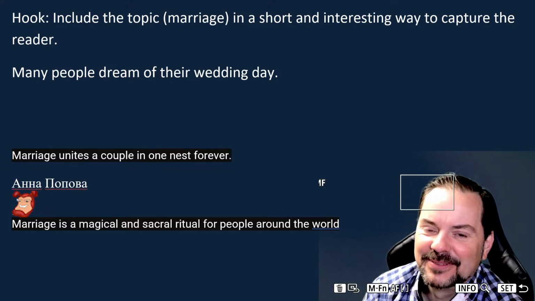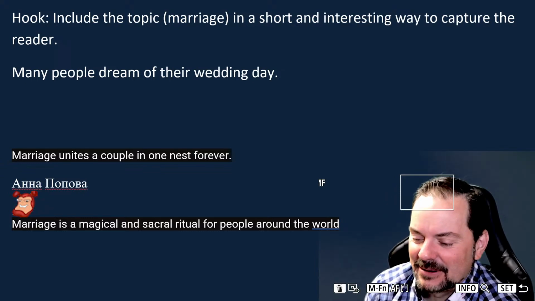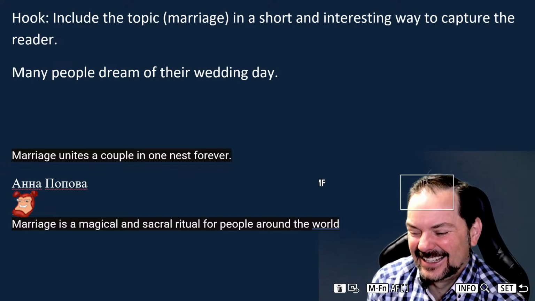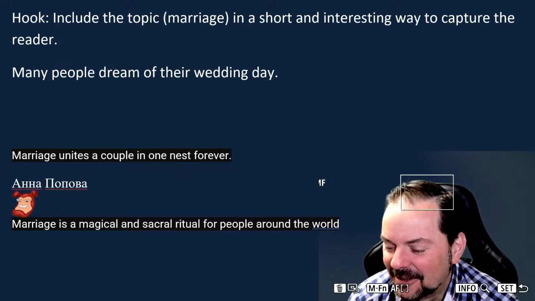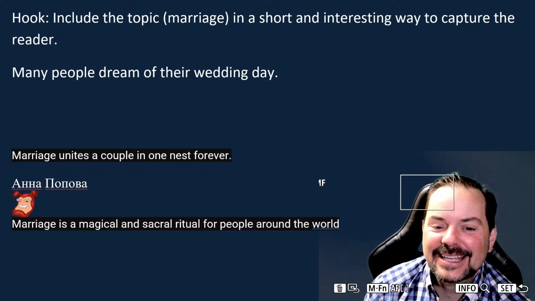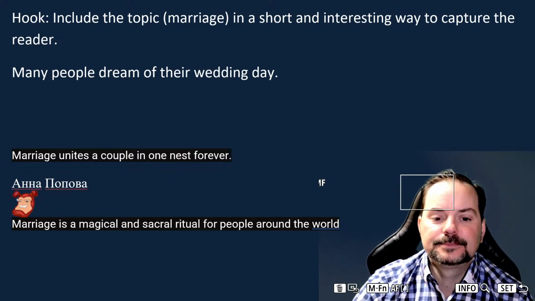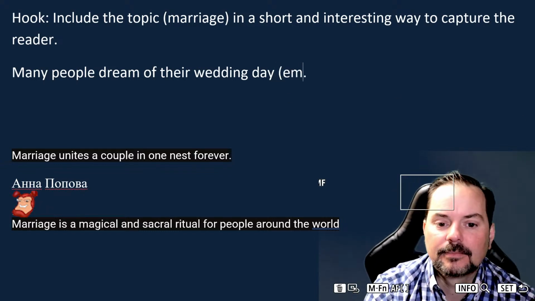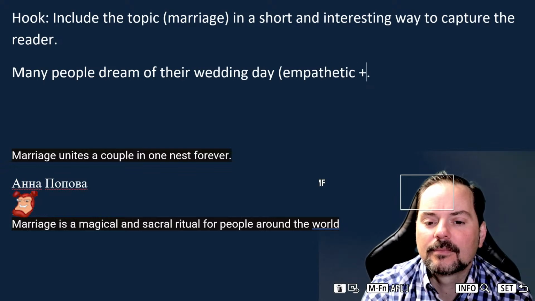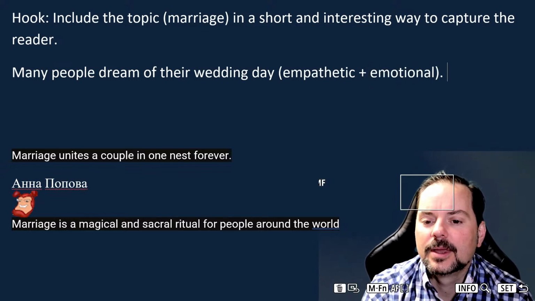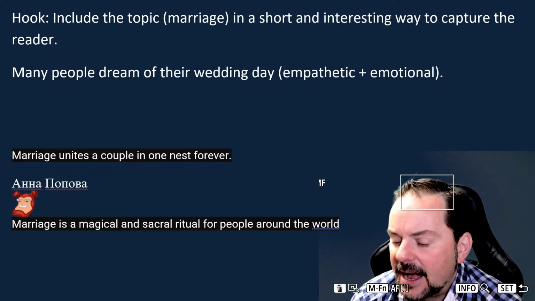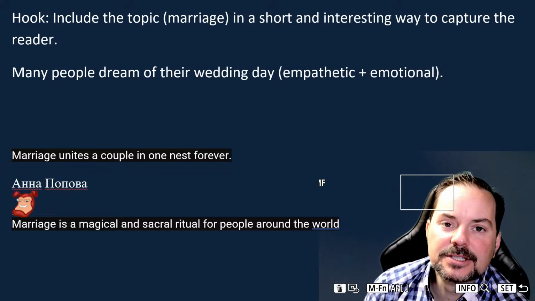Elizabeth says it's because it's a big party. Partly, yes, but it's also very empathetic. It's powerful because it's empathetic and it's emotional.